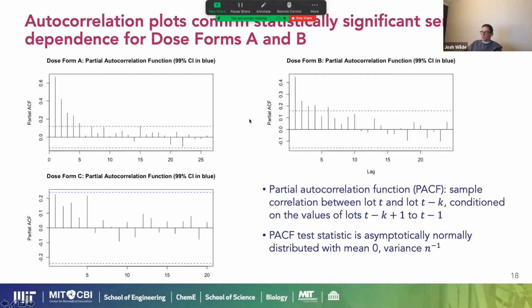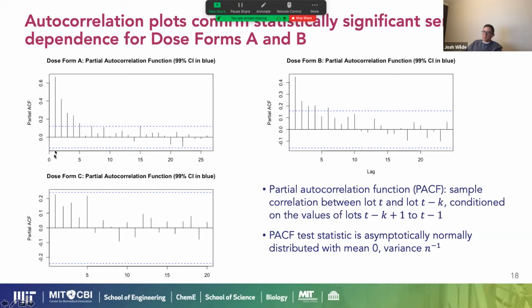For those who haven't seen autocorrelation functions before, it's a very straightforward concept. On the x-axis, you're looking at a particular lag, and the y-axis is the correlation between the data measured at lag 1 and the data at time 0.